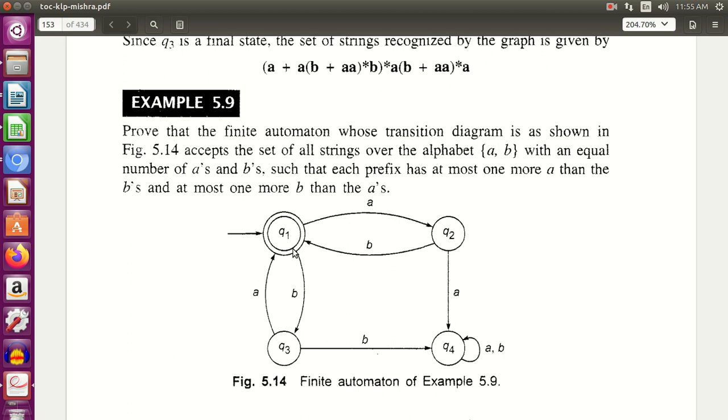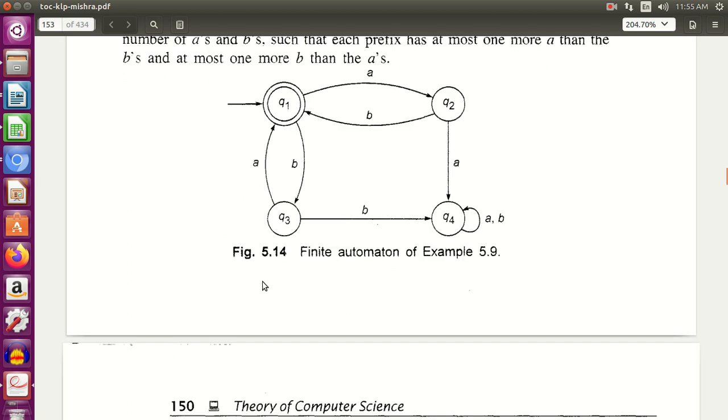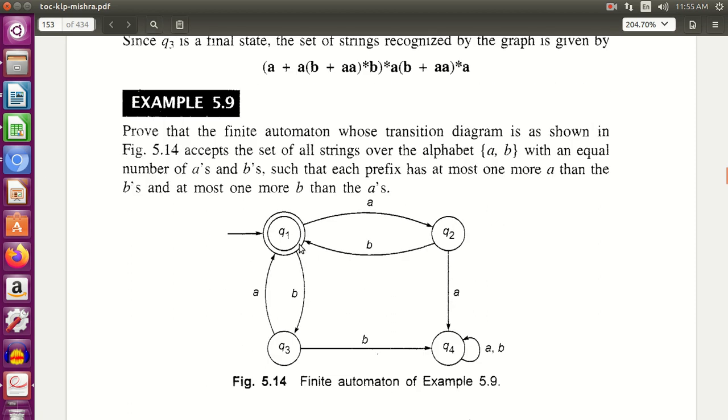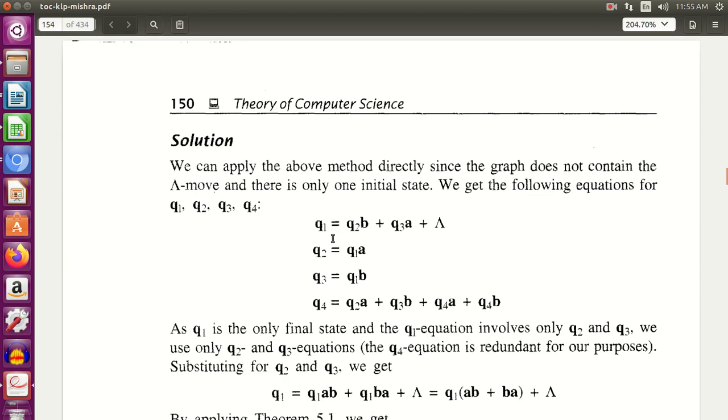First, let us write down the equations for the different states. The equation for Q1 is Q2B plus Q3A, and obviously a lambda will be there since Q1 is the starting state as well as the final state.